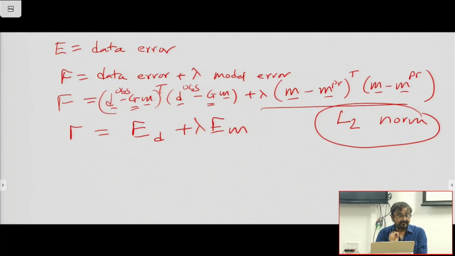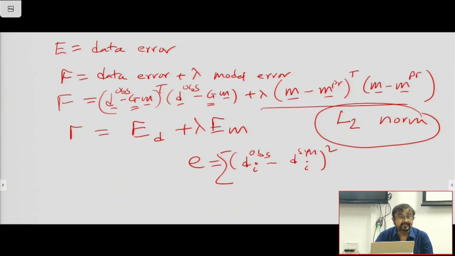So what does that mean? Your L2 norm is error equal to D observed minus D synthetic, square, then sum. Then there is the square root, but this is the square and then sum, right?